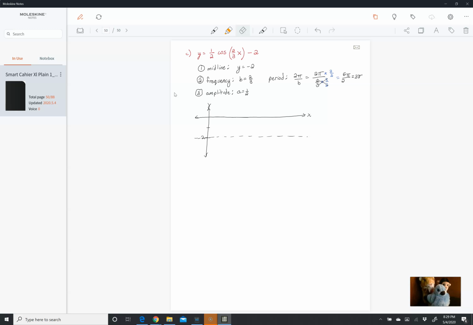Okay, so let's figure out where our x values are. So we're going to do the period times 1/2. We're going to do the period times 1/4. And we're going to do the period times 3/4.